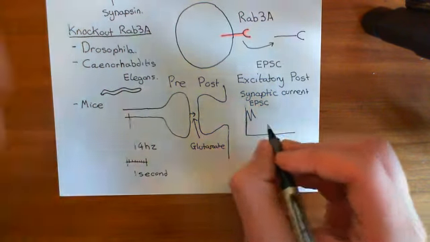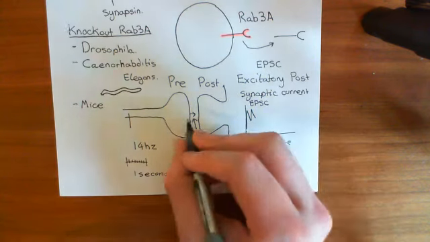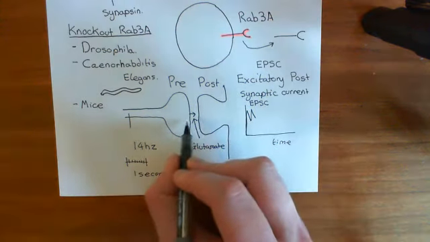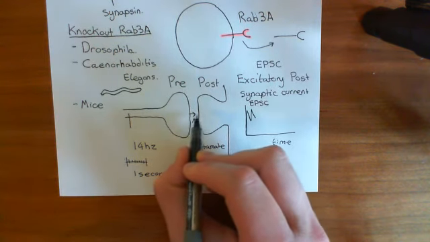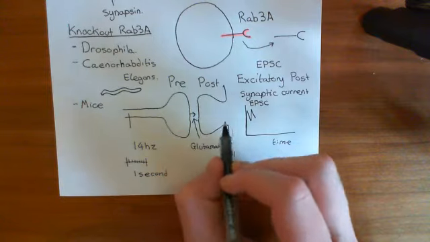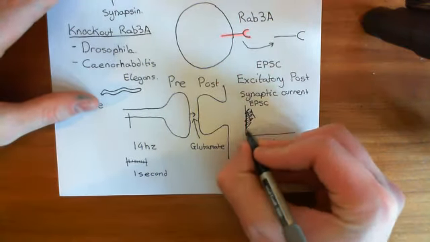So every time you stimulate this presynaptic neuron, the postsynaptic neuron is going to get some excitatory postsynaptic current.